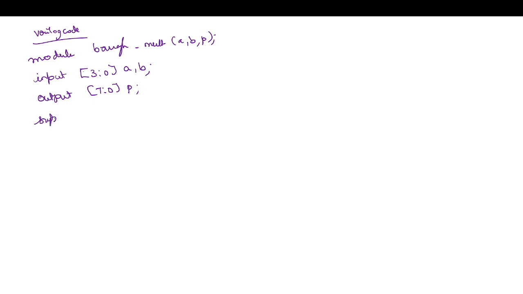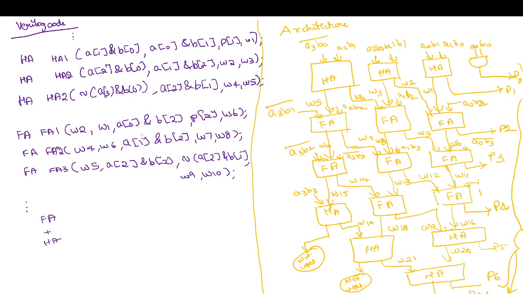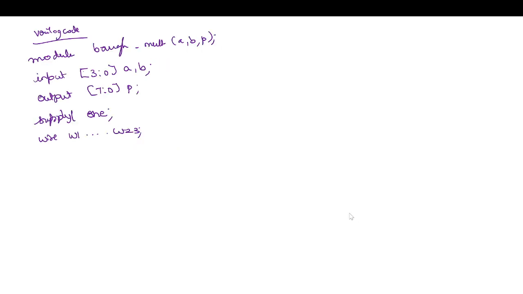And we need wires from W1 till 23 wires. Let's see, 21, 22, 23. And then here half adder and then full adder instantiation.